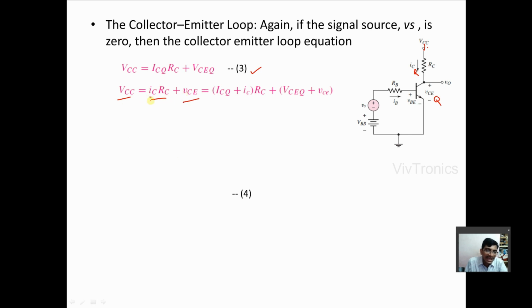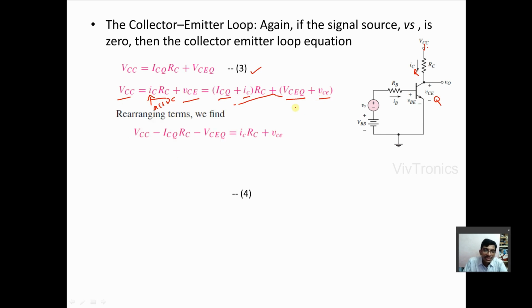Here IC is a combination of DC plus AC components, so I replace IC with the DC component plus the AC component, and VCE also with the DC voltage plus the AC voltage.